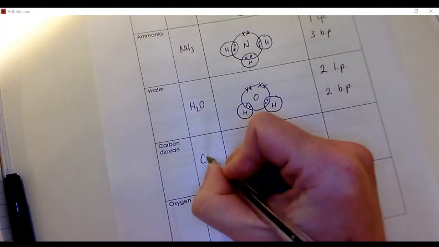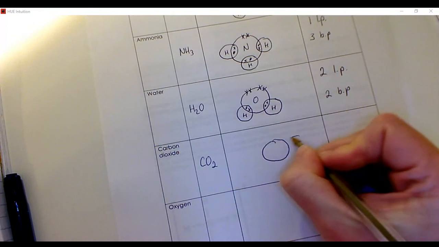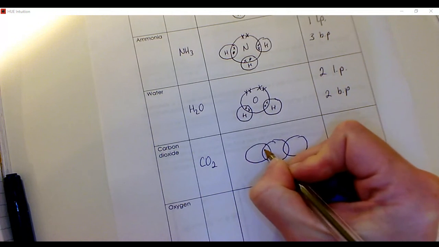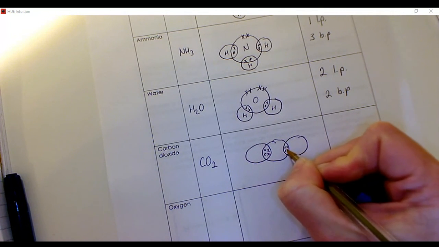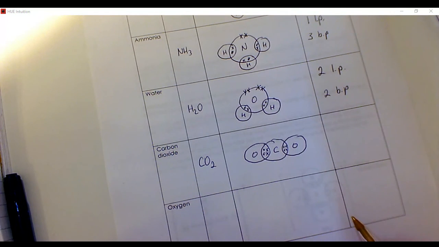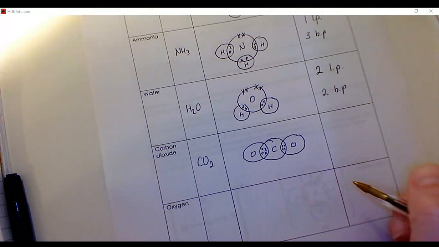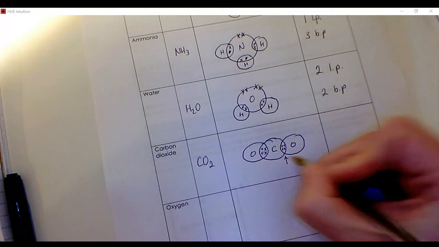Carbon dioxide, CO2. It's got carbon, each carbon needs 4 bonds, each oxygen needs 2, so they form double bonds. Now this is a bit confusing, right?